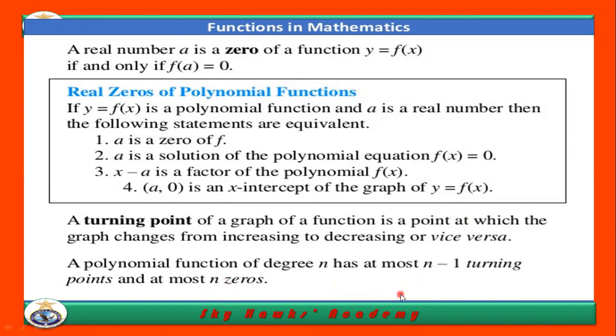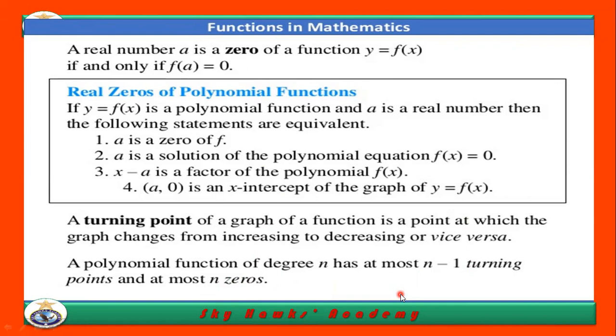If the function is given and you are asked to find the number of zeros, and it has degree 3, it must have 3 zeros. If it is quadratic, with degree 2, it must have 2 zeros. And if it is cubic, the degree is 3, so it must have 3 zeros.